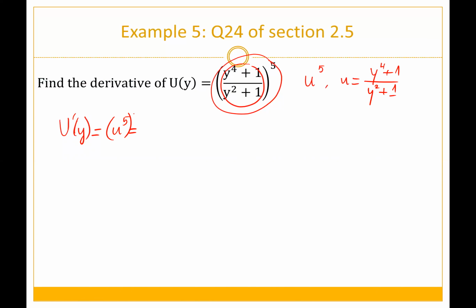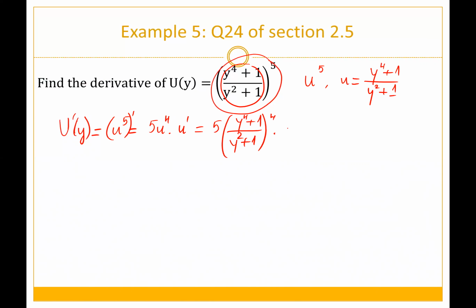When you take the derivative of this, you're going to have 5u to the fourth multiplied by u prime by the power rule. Because n here is equal to 5, you take that n out, and then you have n minus 1 here. So now you have 5 times y fourth plus 1 over y squared plus 1, to the 4th, multiplied by the derivative of this entire thing.